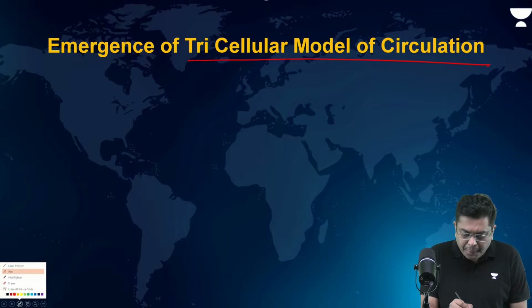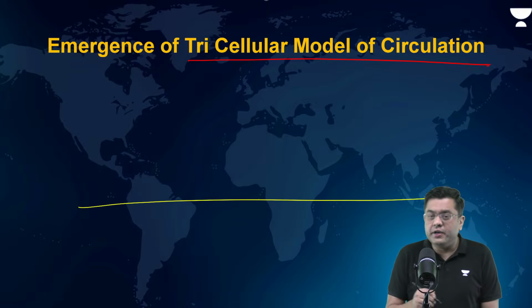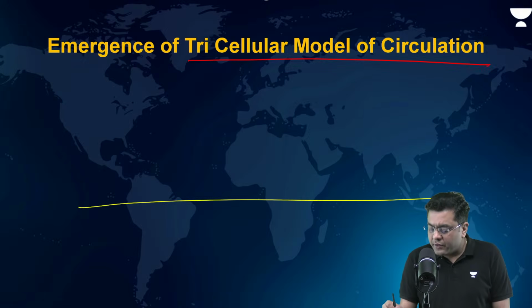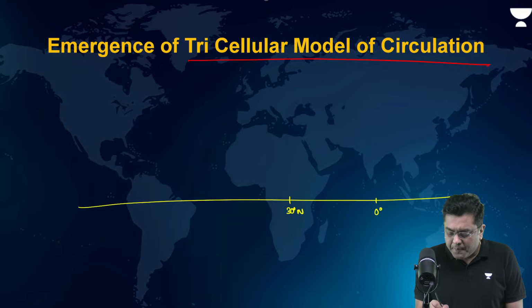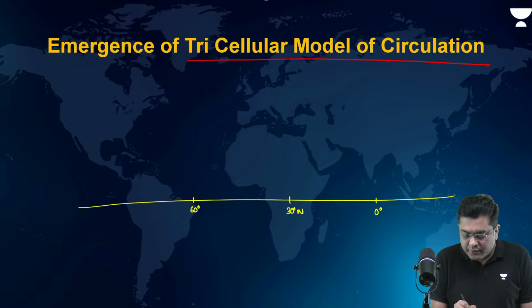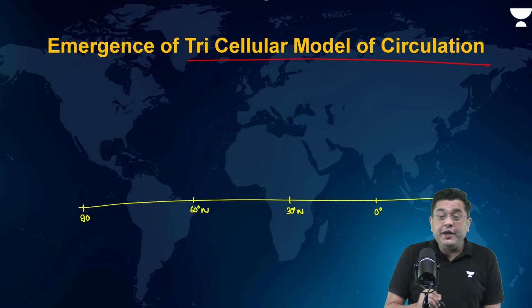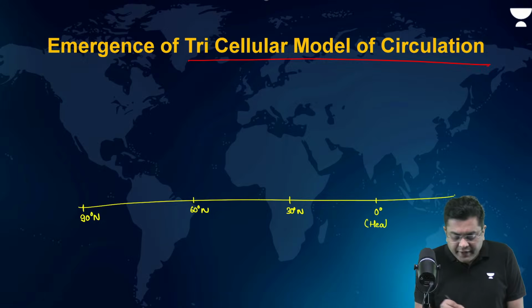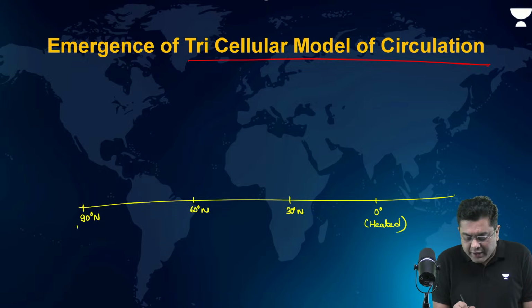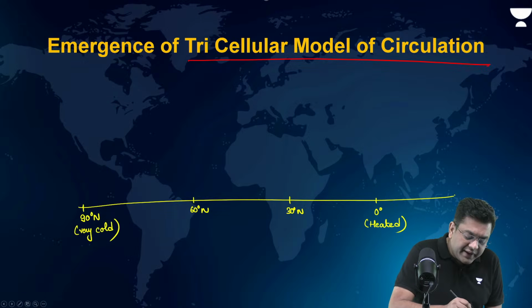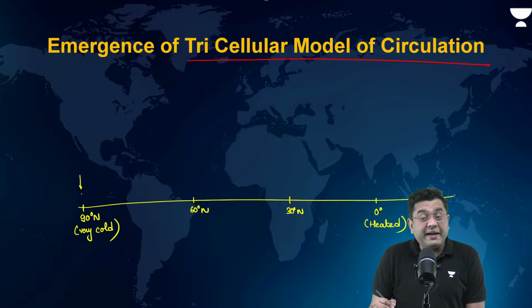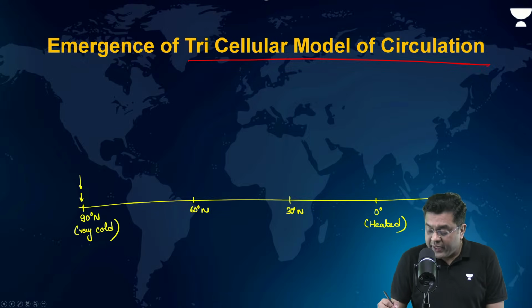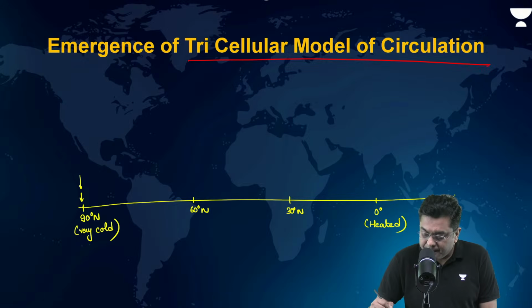Let us understand this. So, basically, if you consider the Earth's surface across various different latitudes, let's suppose 0 degree, 30-degree north, 60-degree north, 90-degree north. Now we know that 0 degree is very heated, right? And we know that 90-degree is very cold. So here you will have a sinking air, but at 0 degree, the air is so heated up that it will start to rise up.